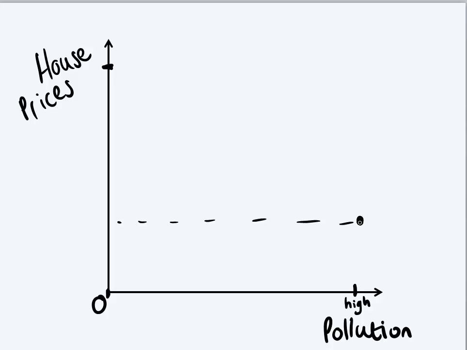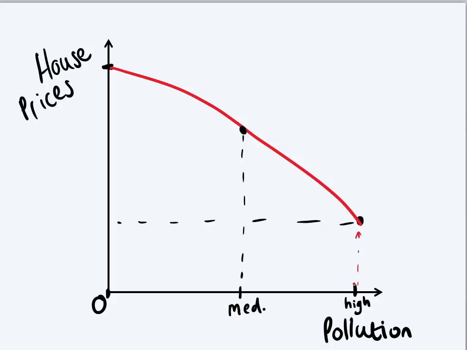The same house with the same characteristics in an area of medium pollution would have a price of something like this. So that's what the graph tries to show: the relationship between house prices and pollution. It doesn't go all the way down because no house is absolutely free. You won't get a house for 0, but you will get a very cheap house.